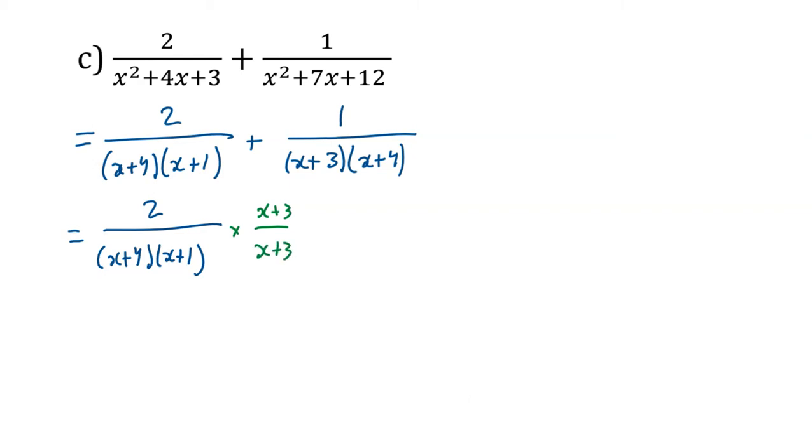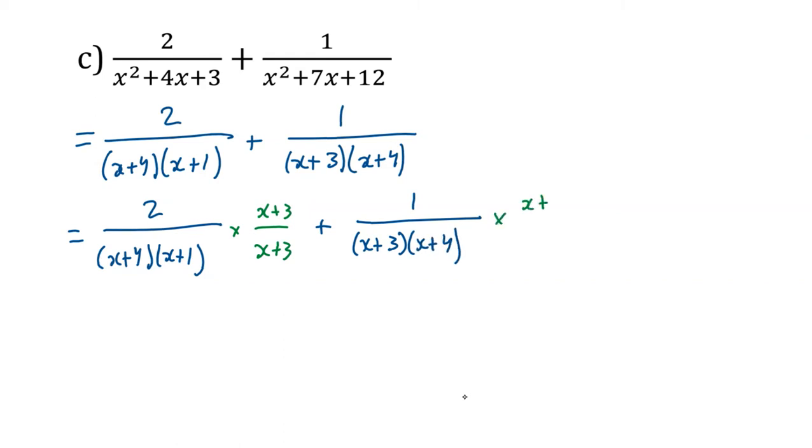But when I actually carry out the multiplication, I'll have an x plus 3 factor on the bottom, which is what I want. And this is going to be 1 over x plus 3, x plus 4, and I'm going to multiply that one by x plus 1 over x plus 1. Now, you don't need to show this step. You certainly don't need to do this in two separate steps, and you don't need to show that you're doing that.